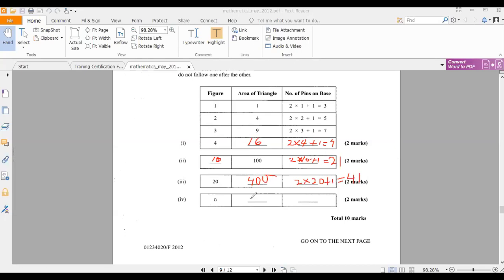And here will be 2 times n plus 1, which will give me 2n plus 1. So this gives me 2n plus 1. Clear? Yes.